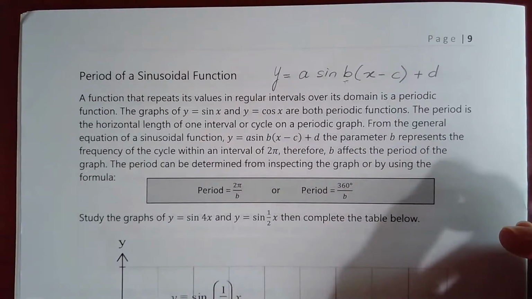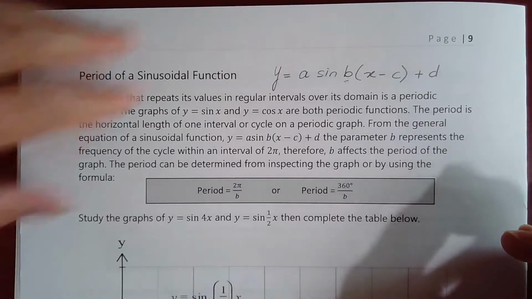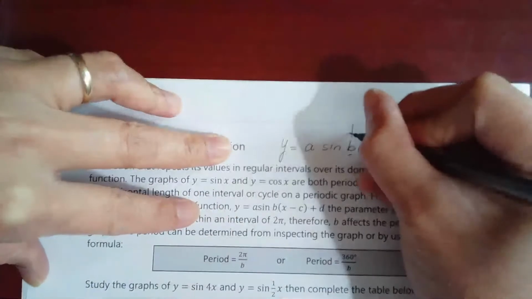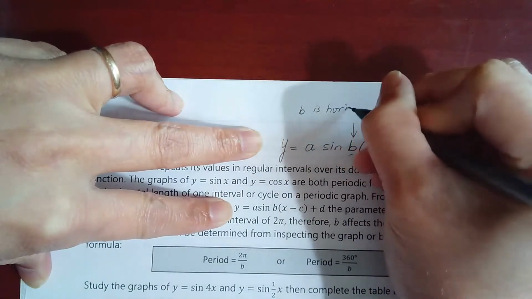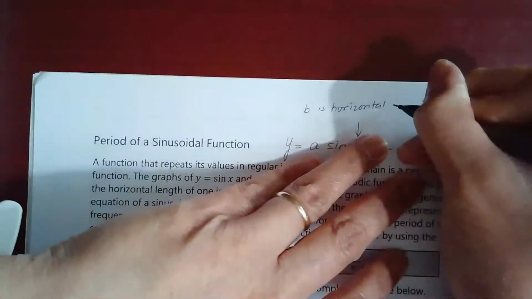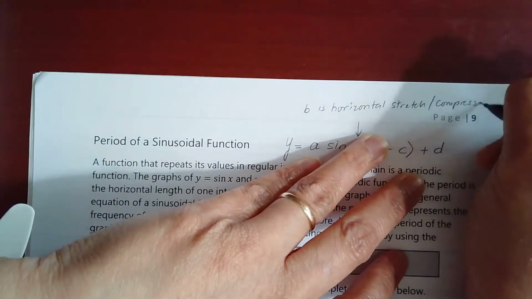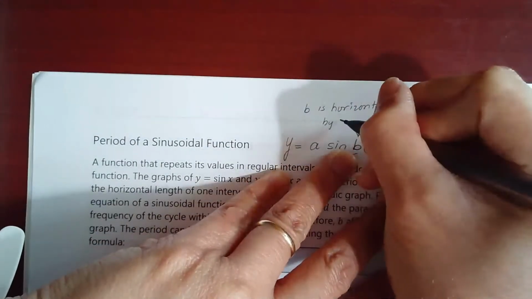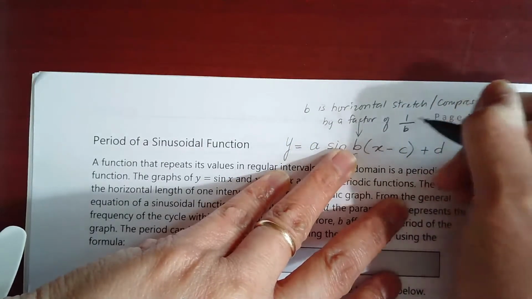So b is going to be horizontal compression or stretching, by a factor of, okay, so b is horizontal stretch or compression, doesn't matter, depends on what the b is, by a factor of 1 over b.